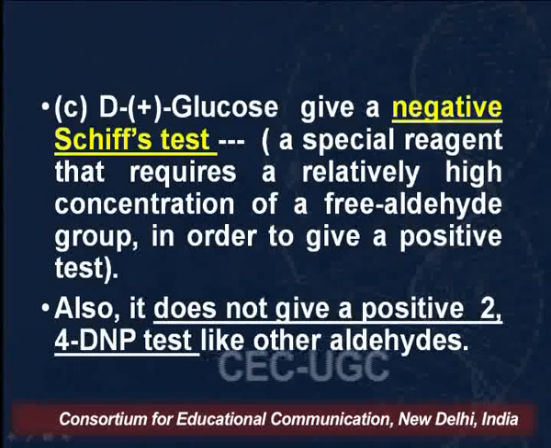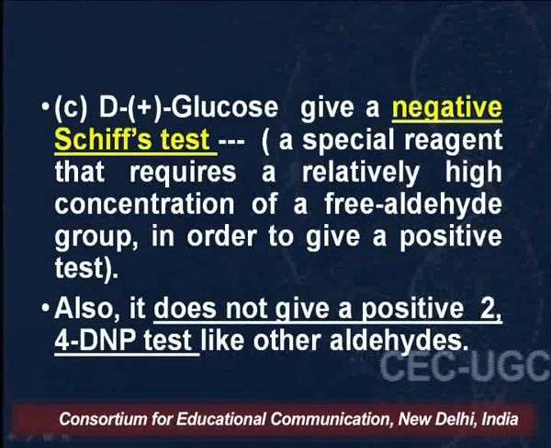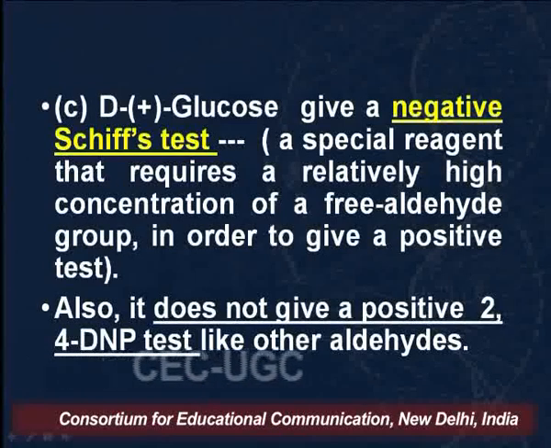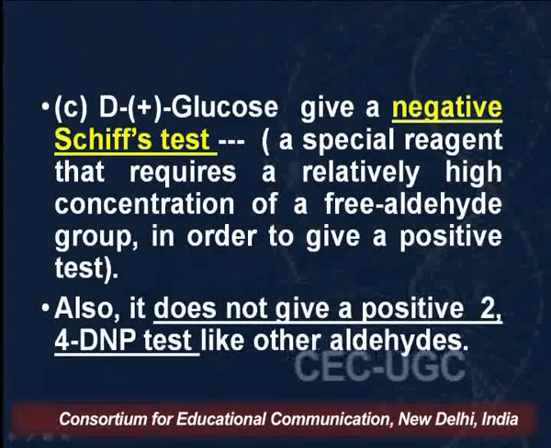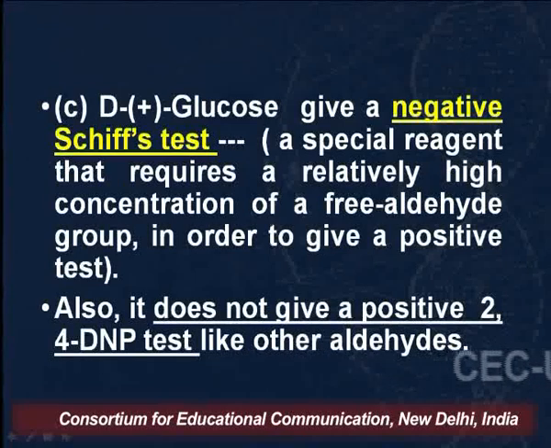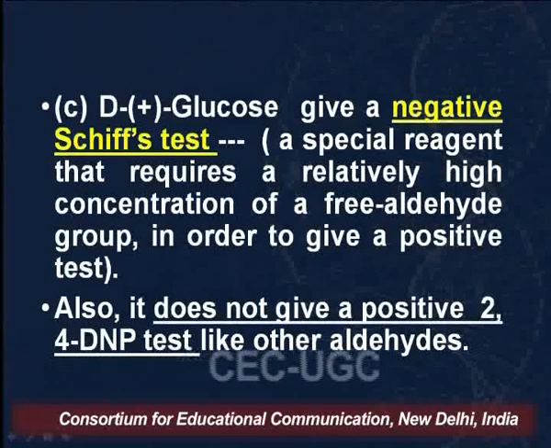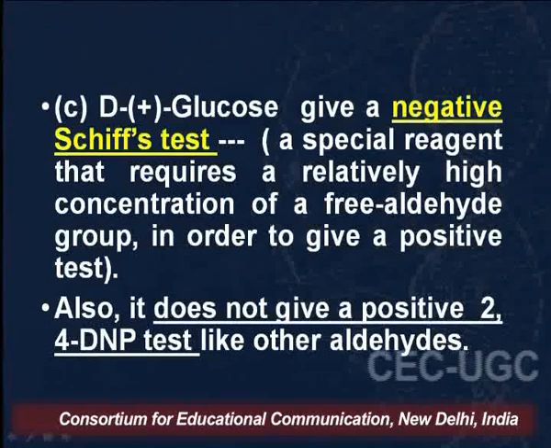D-glucose gives a negative test with Schiff's reagent. And we know Schiff's reagent is a special reagent that requires a relatively high concentration of a free aldehyde group in order to give a positive test. And also this molecule does not give a positive 2,4-DNP test.